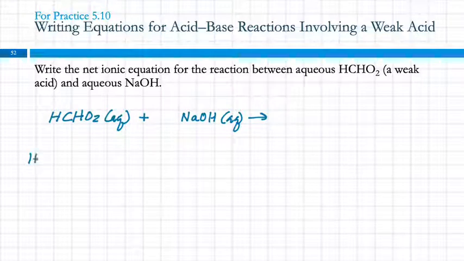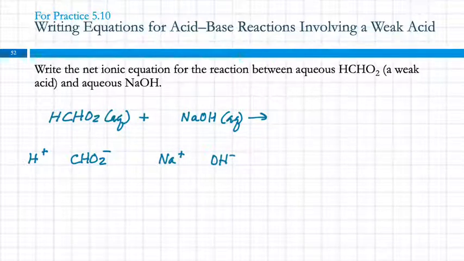So this is H plus and CHO2, and what would its charge be? -1, right? It had one hydrogen. I remove that H plus. What's left has to be CHO2 with a -1 charge. And then here, sodium and hydroxide are sodium ion and hydroxide.